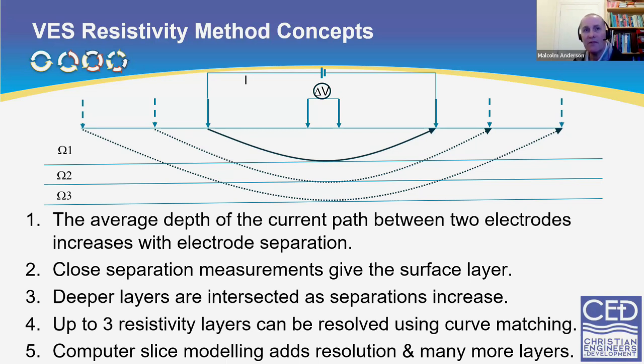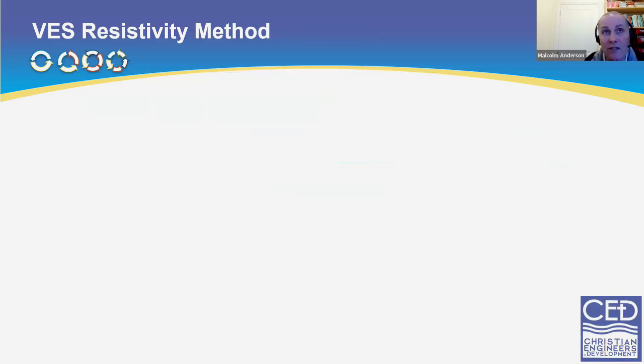So that's the resistivity method. Now, the VES method essentially just measures layers, and it's a bulk value for each layer. But it is feasible to measure the zones within each of those layers using another method.